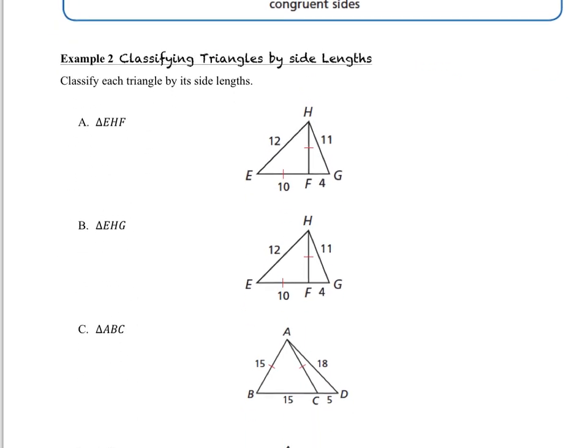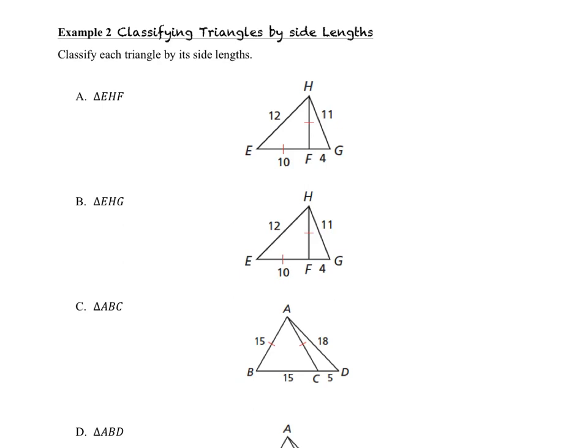In example 2, we're going to classify our triangles. Once again, we're going to highlight which the triangles are, and then we're going to classify them, but this time by the side lengths. So for question A, we're looking at triangle EHF, which is the triangle on the left.